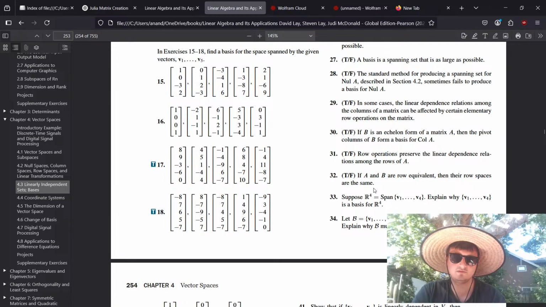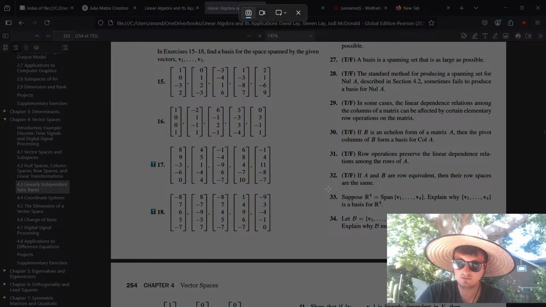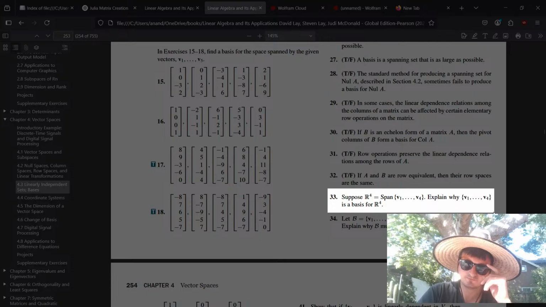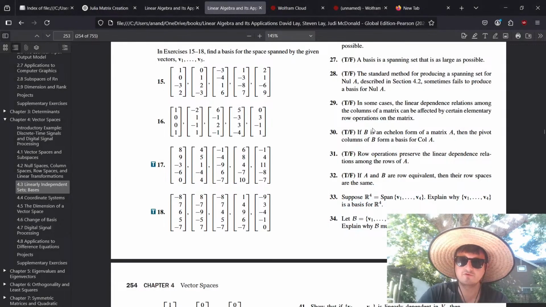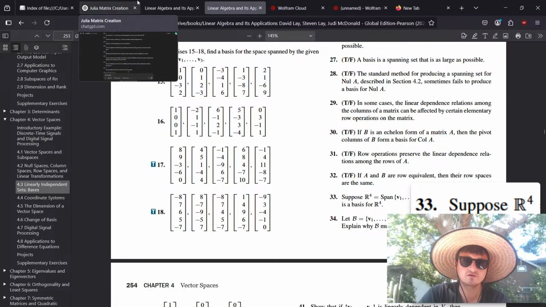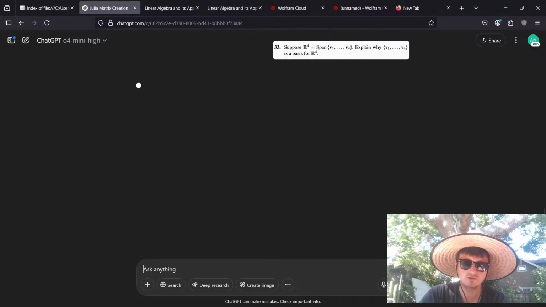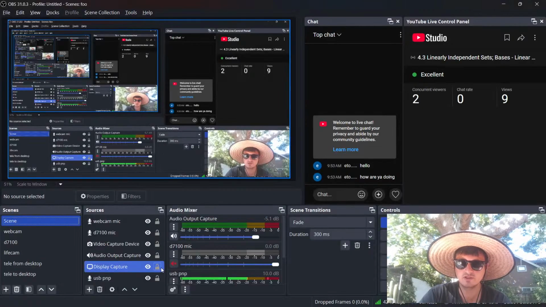All right, I'm gonna cheat. My answer is that the only way for 4 vectors to span R4 is that they're all independent. But I don't think that's the most concise way to.